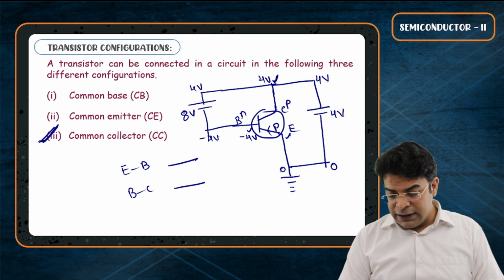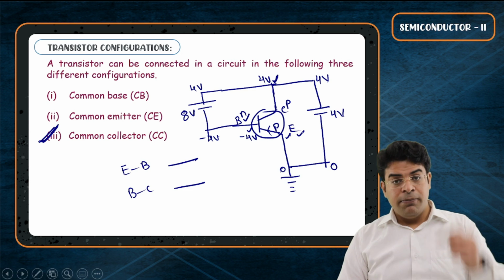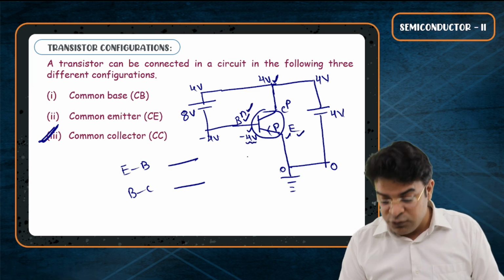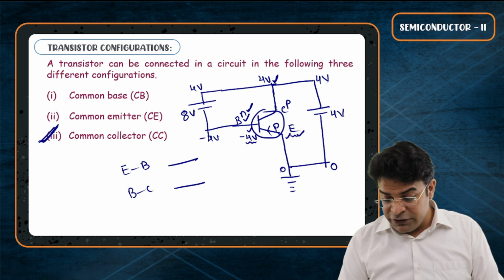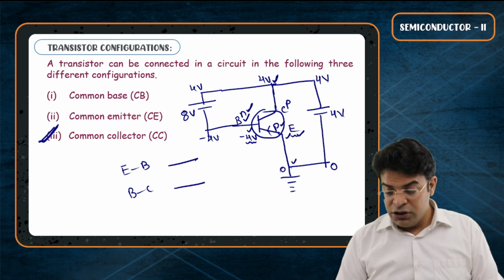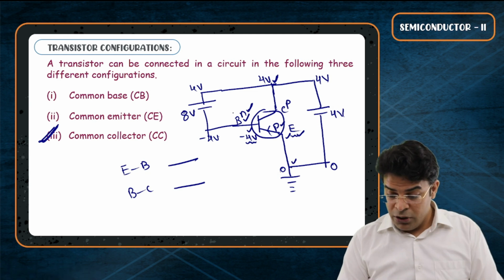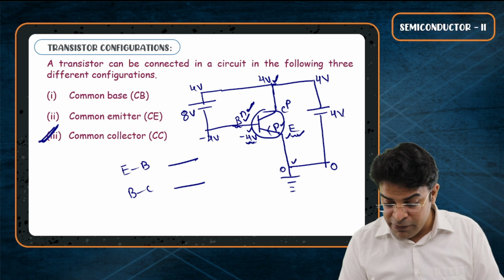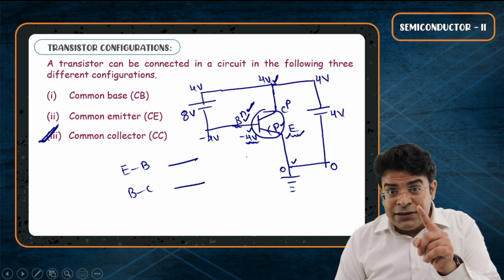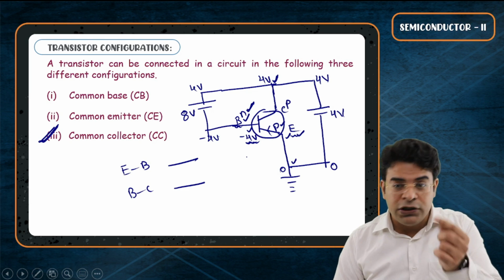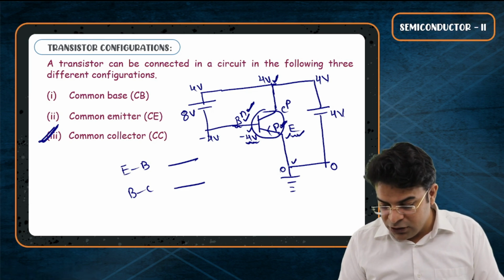Now look at the base and emitter junction. The base, which is N, is at minus 4. And the emitter, which is P, is at 0. So emitter P at 0, base N-type at minus 4. So the base, N-type, is connected to the lower potential, minus 4, and the P-type is connected to the higher, 0.